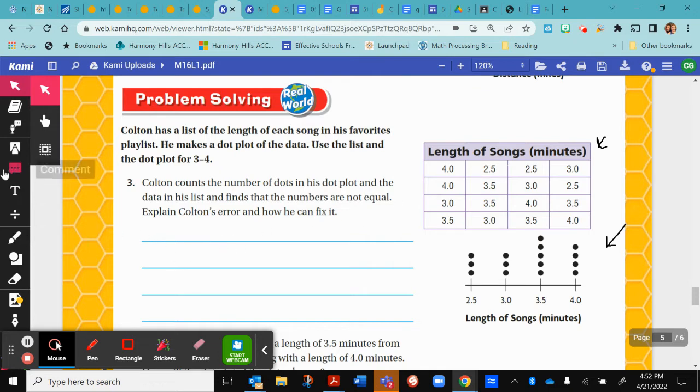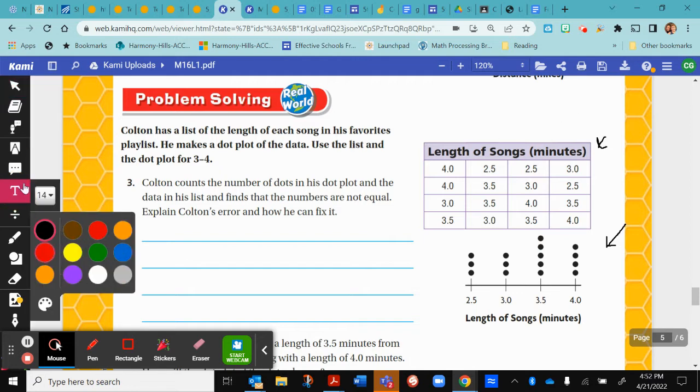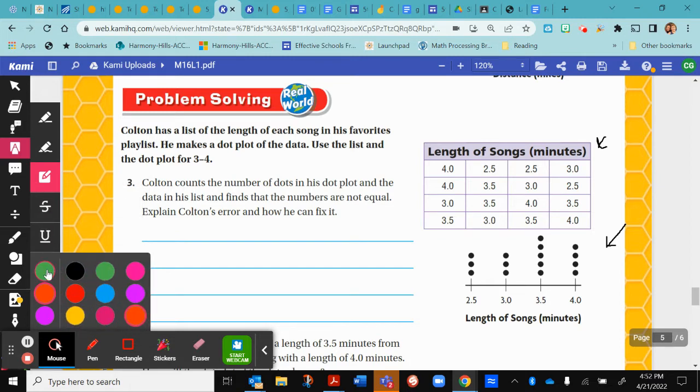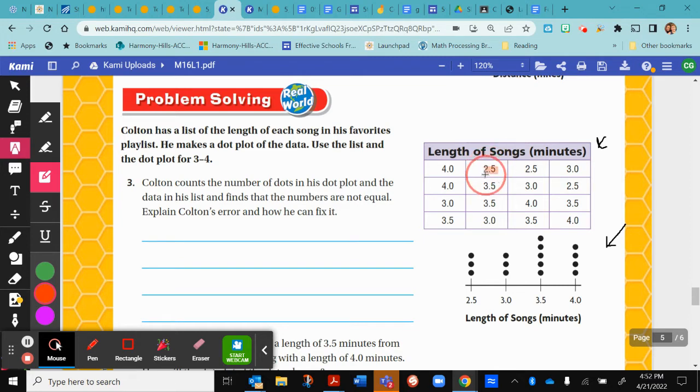First things first, I am going to list from smallest to largest, or least to greatest. So let's see, am I starting with the 2 5/10 minutes, or 2.5 minutes? I will start with that one. So I'm going to look at the 2.5.